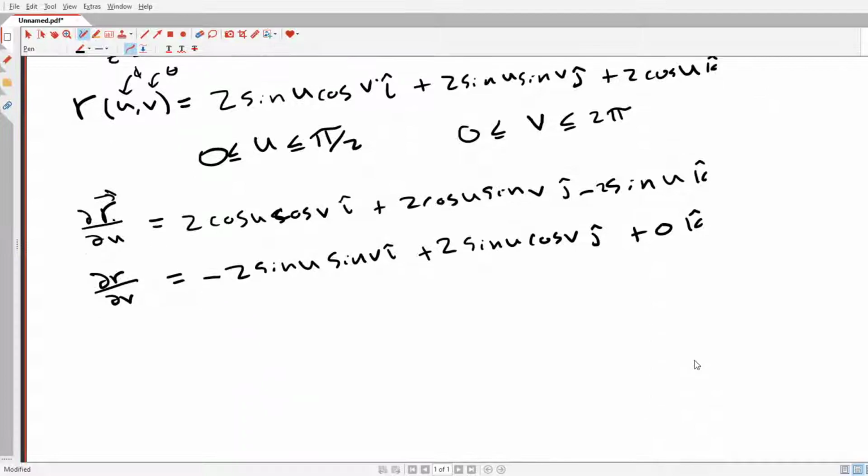Okay, and now I do the cross product, r sub u cross r sub v.